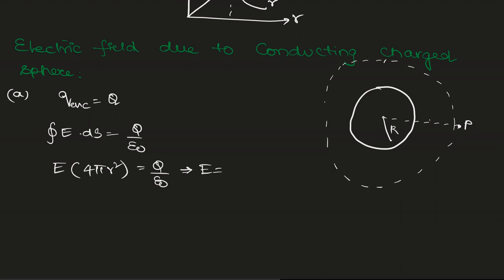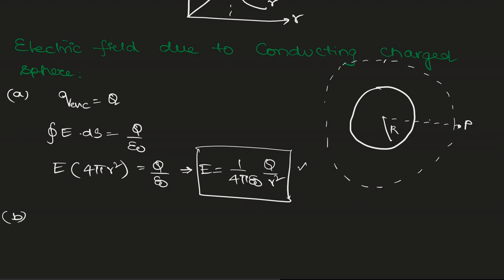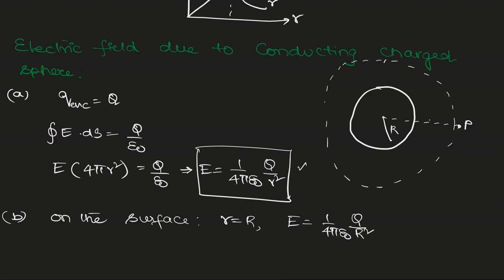So electric field will be equal to 1 by 4 pi epsilon naught Q by r square. This is at a point outside. If suppose they are asking on the surface, r will be equal to R. So electric field will be equal to 1 by 4 pi epsilon naught Q by R square.